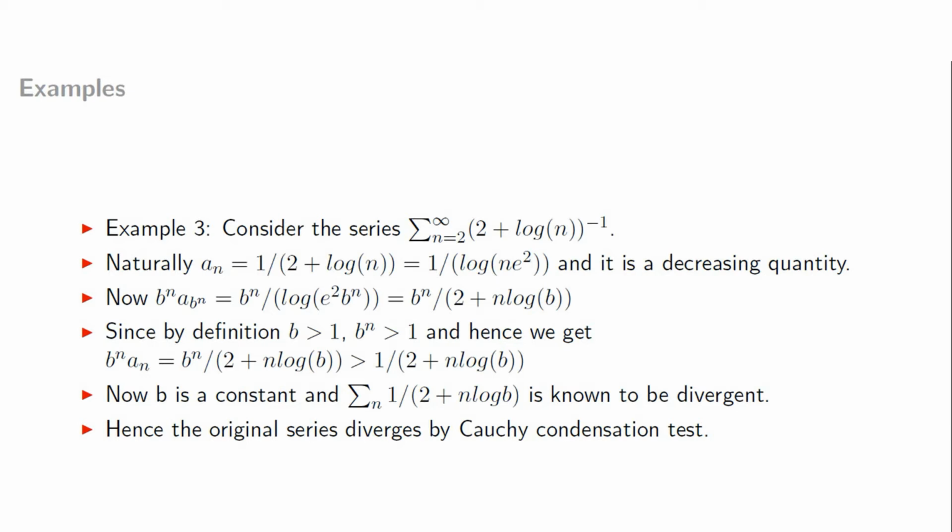Since by definition b is greater than 1, b to the power n is also greater than 1, and hence we get b to the power n a_(b^n) exceeding 1 by (2 plus n log b). Now, b is a constant and the summation of 1 by (2 plus n log b) is known to be divergent. Hence, the original series diverges by Cauchy condensation test.